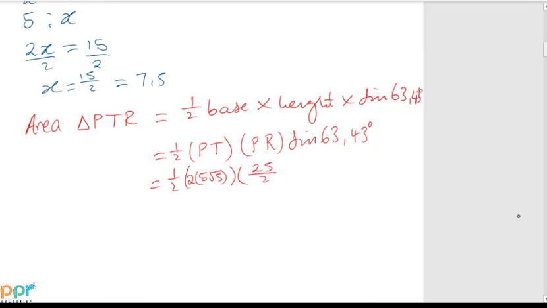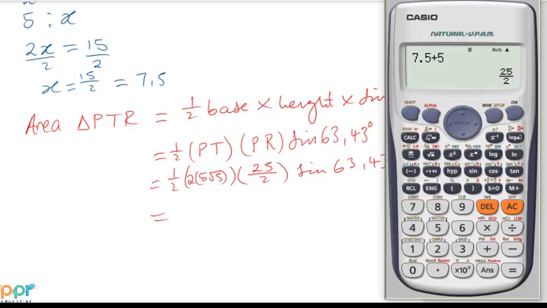25 over 2 times sine 63.43 degrees. Then uzoyithola i-area yakho yonke nje kusinjalo. Fake konke lokhu kwi-formula, we calculate. So 2, sorry, it's not 2 into 5 roots 5, 25 over 2 times sine 63.43 degrees.